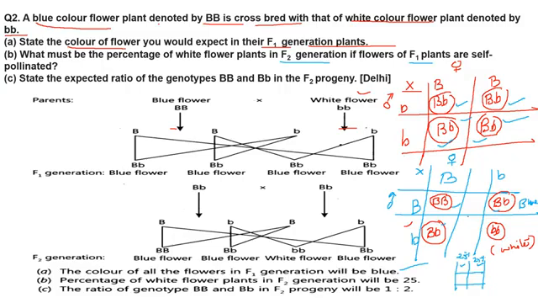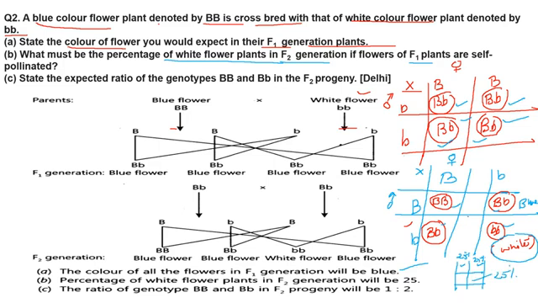So what they have asked: what must be the percentage of white flower plant in F2 generation? We found that there is only one gamete combination having small b, that is the homozygous recessive condition, and there is only one flower. So what is the percentage? There is only one square, that means 25%.